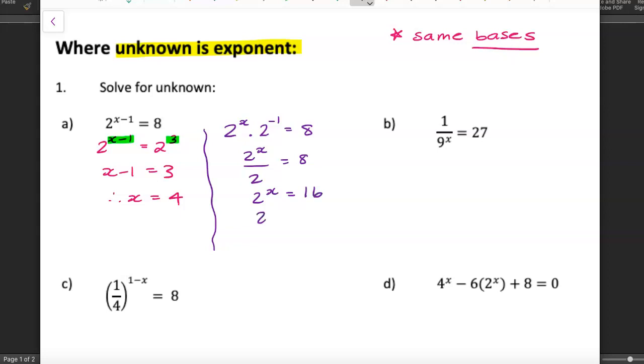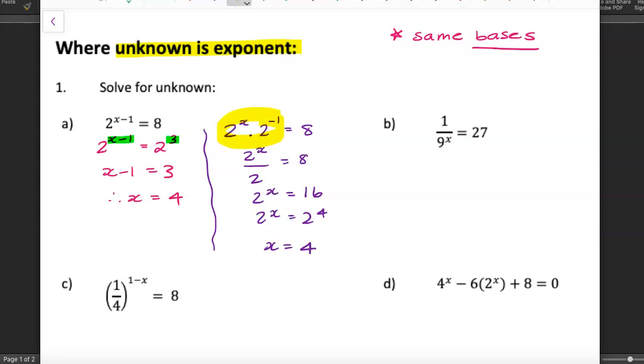And we know that 16 can be written as 2 to the power of 4, so x is 4. So there is another approach we can take if we can see that happening, where we can use that index law to pull apart those two terms in the exponent.